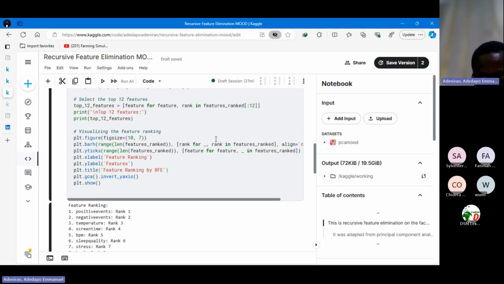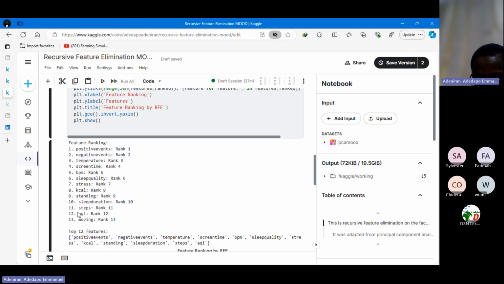So each time you remove a feature, it's going to be measuring the R squared. The feature removal that gave the best R squared is going to be the least important feature. So now that we have eliminated the least important feature, we focus on the remaining features and start the whole process again. We look for the next feature to eliminate. In this case, the next feature that was eliminated was AQI.